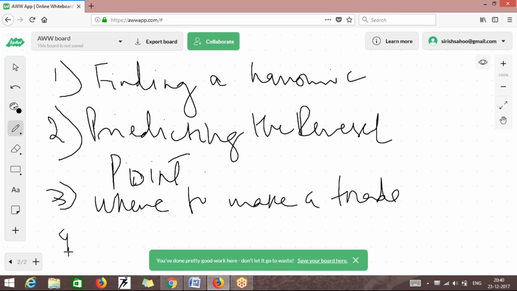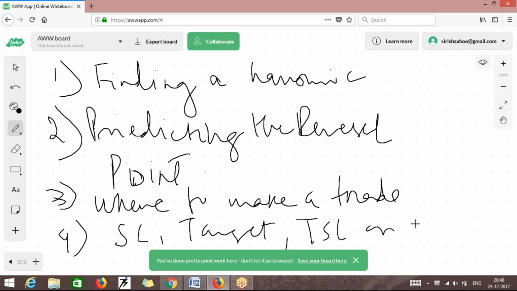And fourth is, as usual, the SL, the target, and your TSL, and other parts like support and resistance we need to look into. We cannot directly depend on the harmonic pattern.